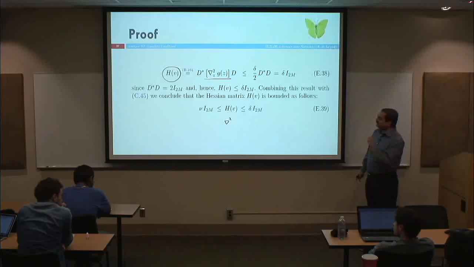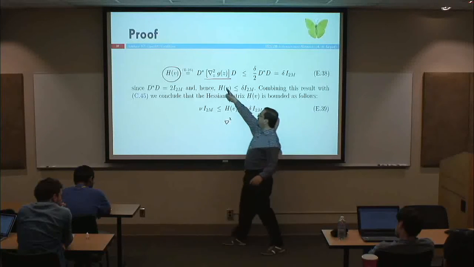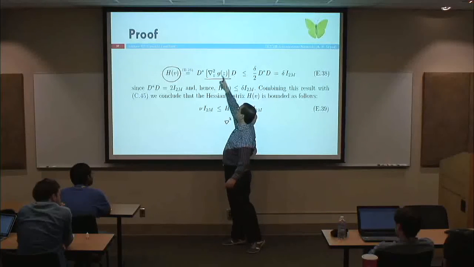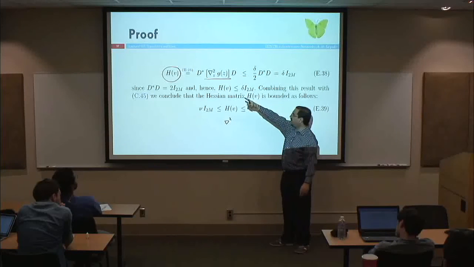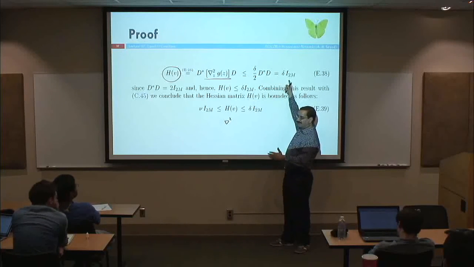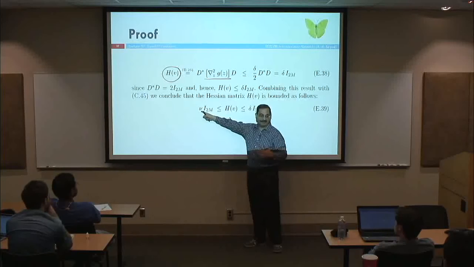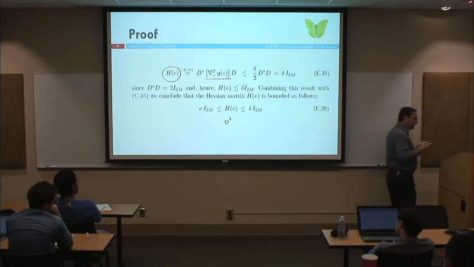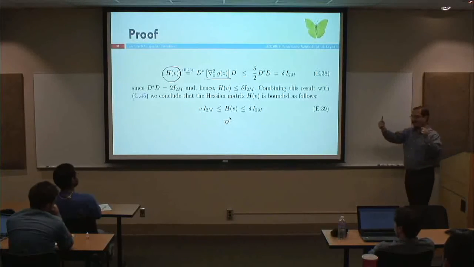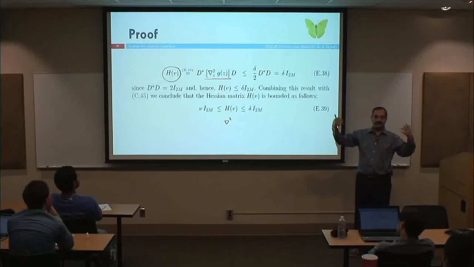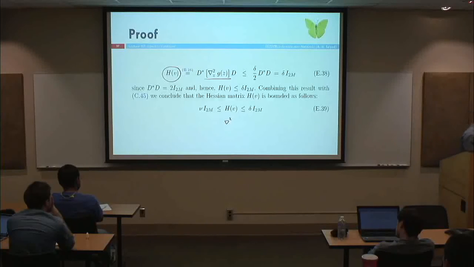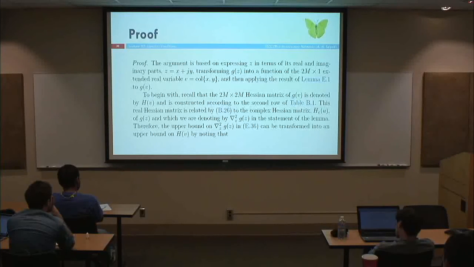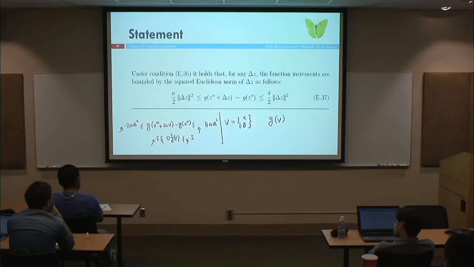And because of that, if this is bounded by delta over 2, and remember D star is equal to 2I, the 2 will cancel, so the left-hand side will be bounded by delta I. And from below it will be bounded similarly by nu I, right? So bounds in the complex domain that involve delta over 2, nu over 2, become bounds involving delta and nu in the real domain, right? So these bounds here will be delta and nu.